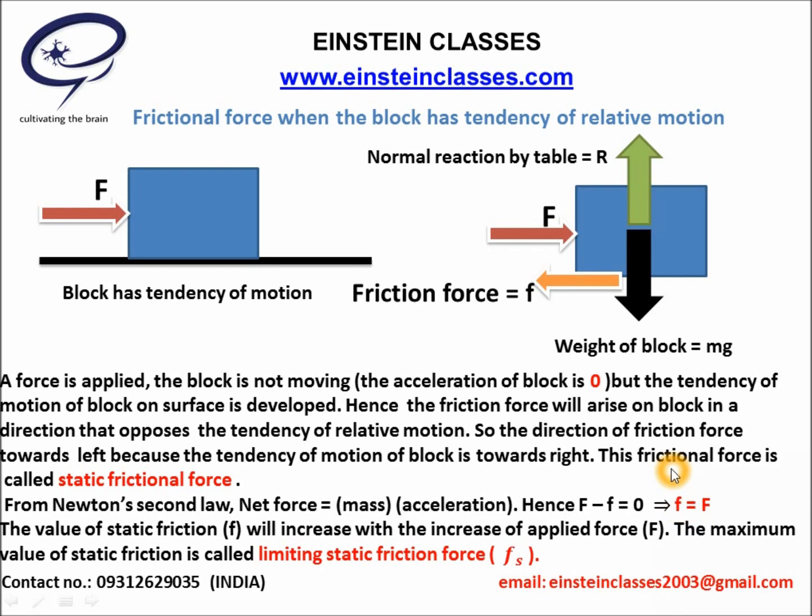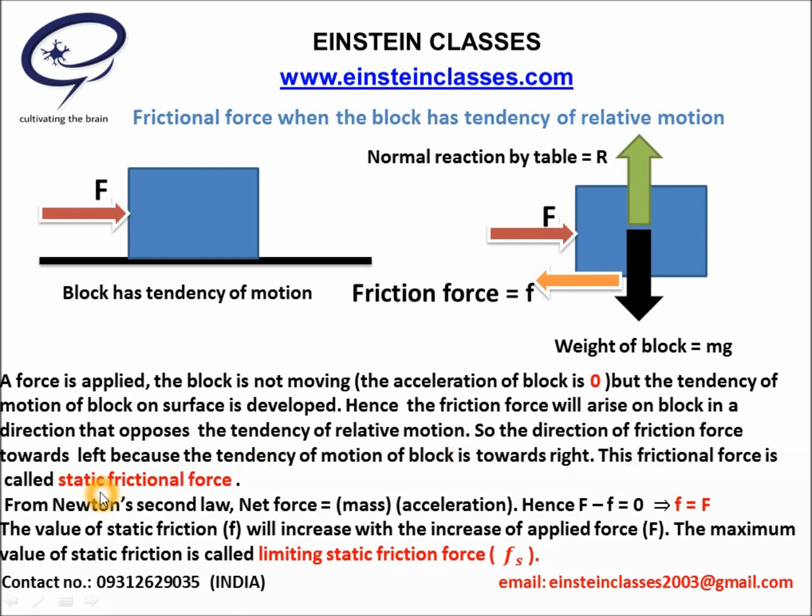This friction force is known as static frictional force, because we have applied the force F, but the motion is not produced. Only the tendency of motion is produced and the block is at rest.